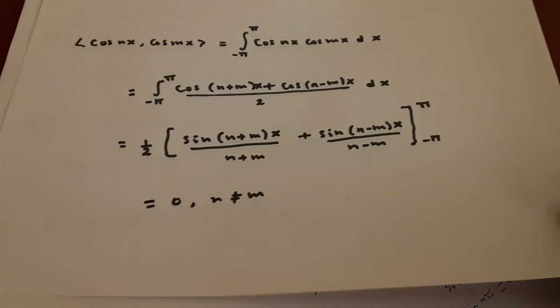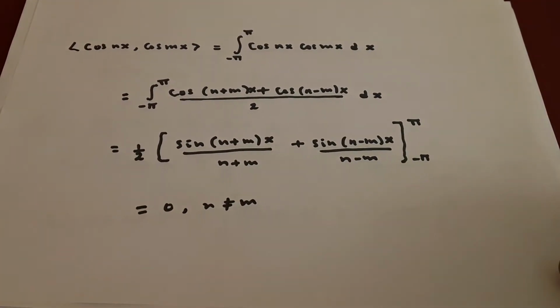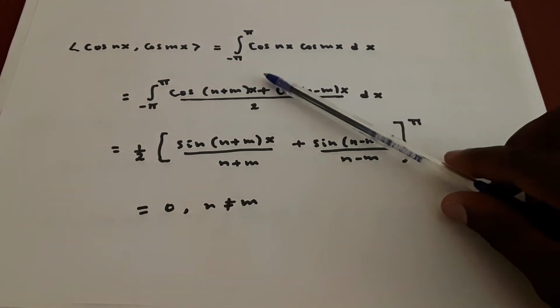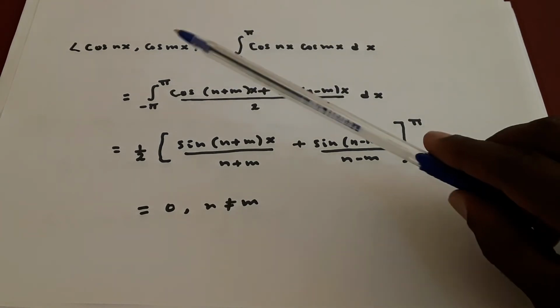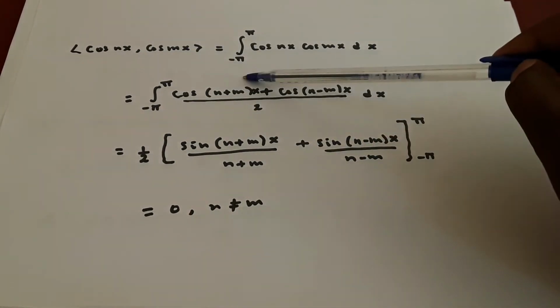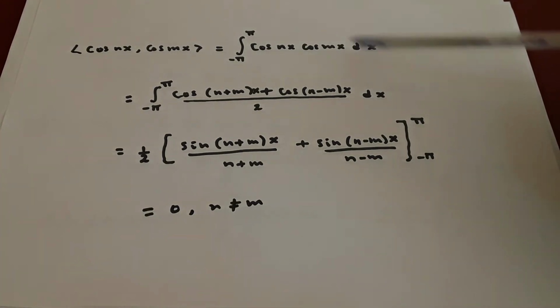Next, cos nx with cos mx. This is obtained through the definition of the inner product, setting f and g, so the integral of f times g dx, cos nx with cos mx dx.